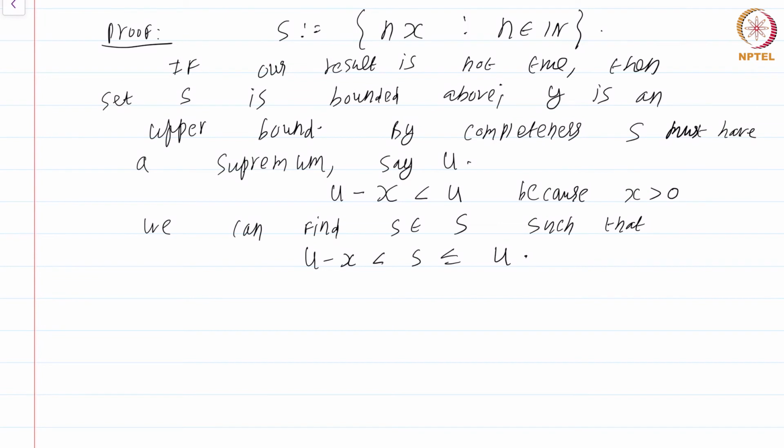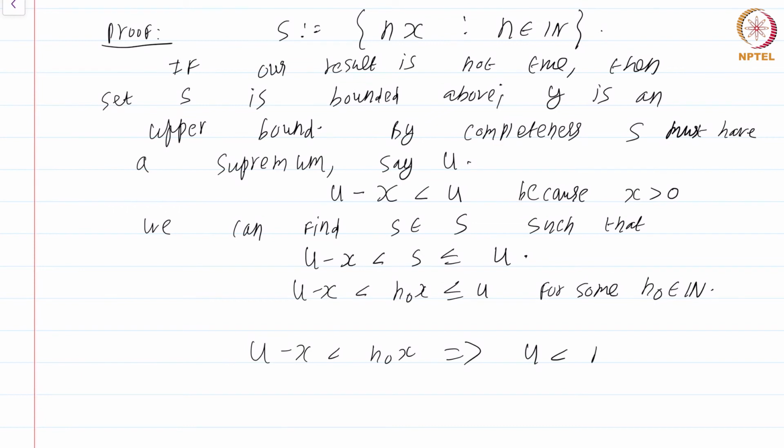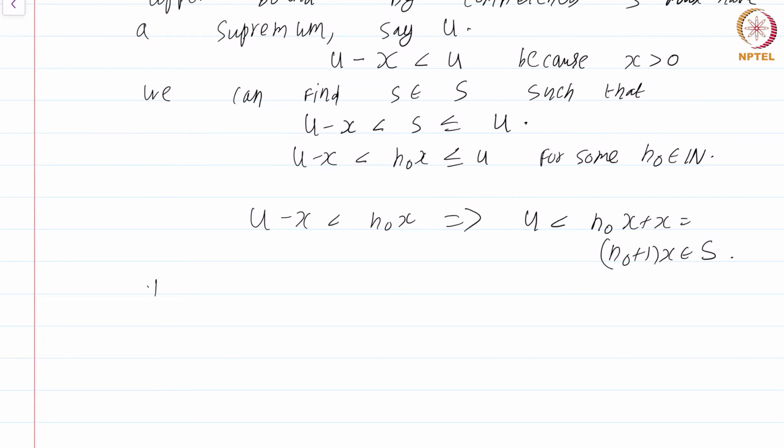Okay. But s comes from the set capital S, so I can write this as u minus x is less than n naught x is less than or equal to u for some n naught in N. Now just considering the first part of this, u minus x is less than n naught x. This implies that u is less than n naught x plus x, which is (n naught plus 1)x, which is an element of S.